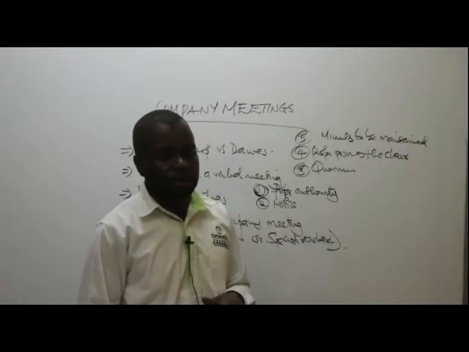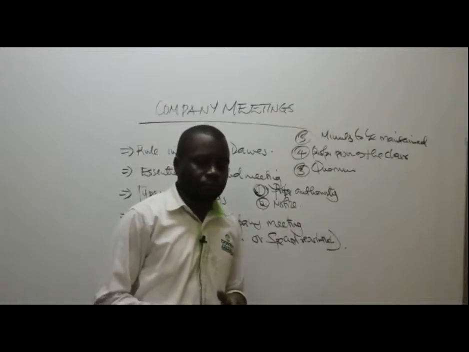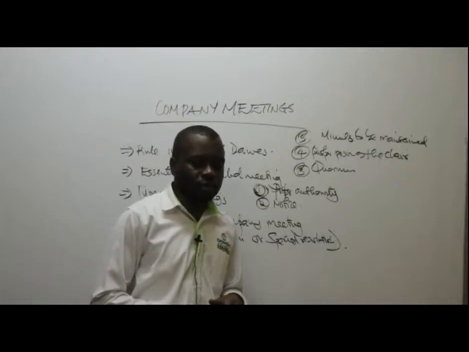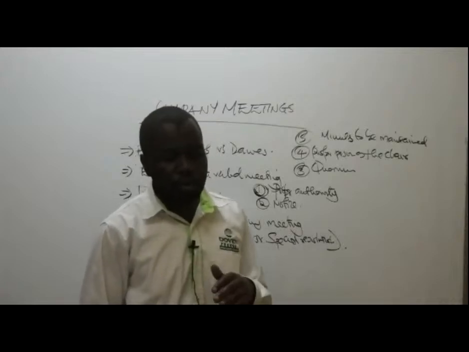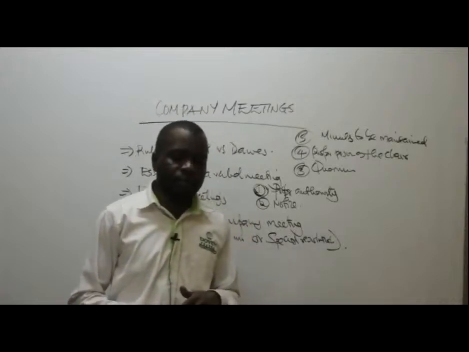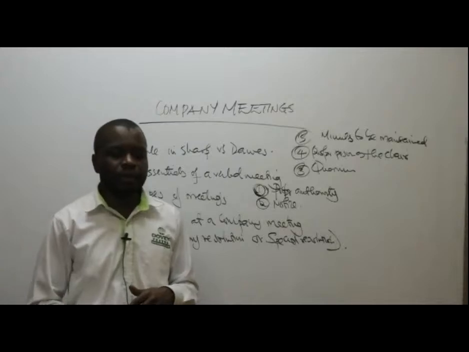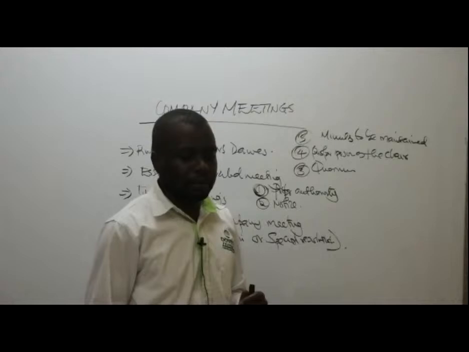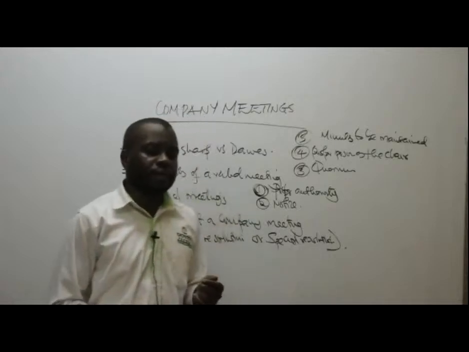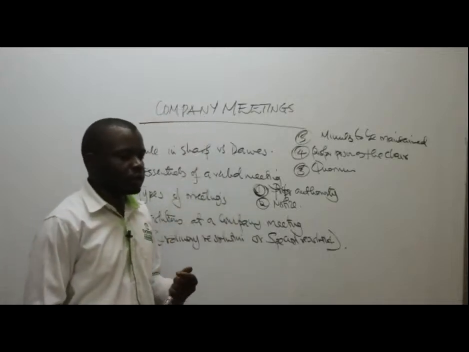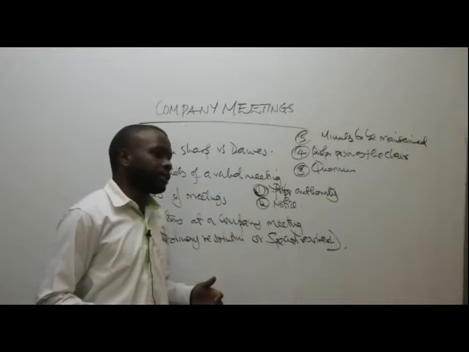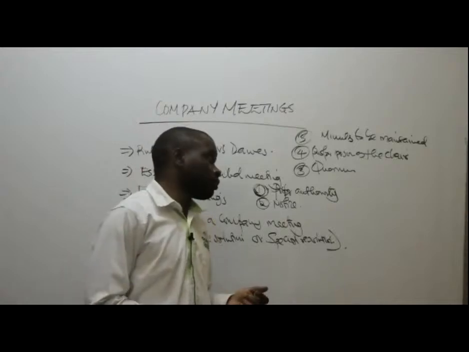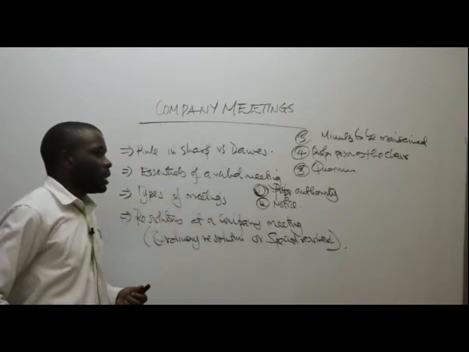They'll clearly indicate who was the chairman and who was the secretary among those present. Then you go to the actively discussed agendas at that particular meeting. Then at the end of it all, you'll see the minutes have been signed by the secretary and also by the chairman of the meeting. So that's basically what you need to know with regard to the minutes of the meeting.